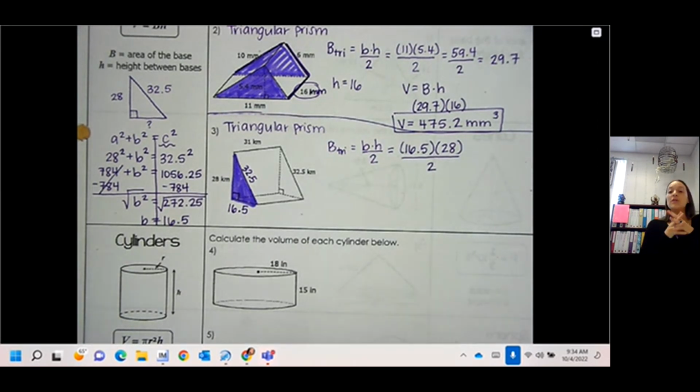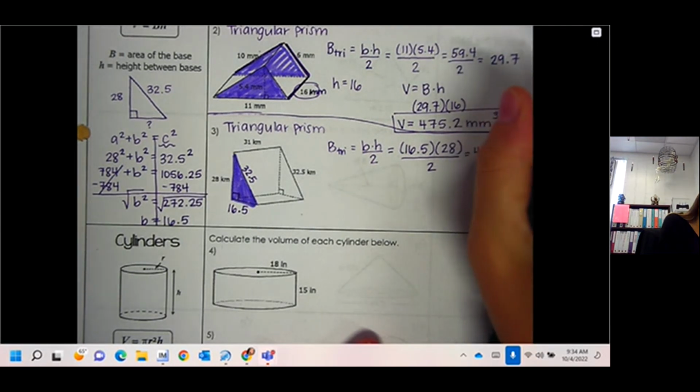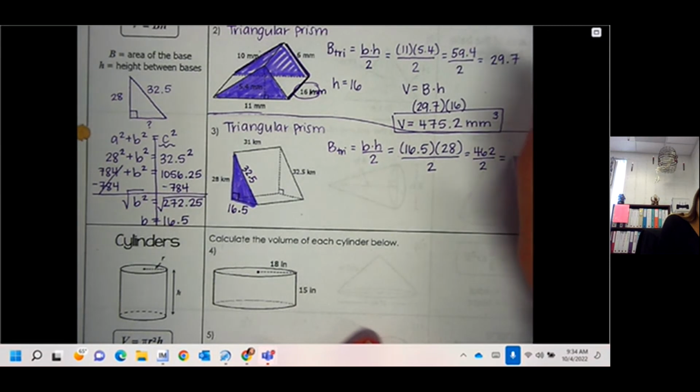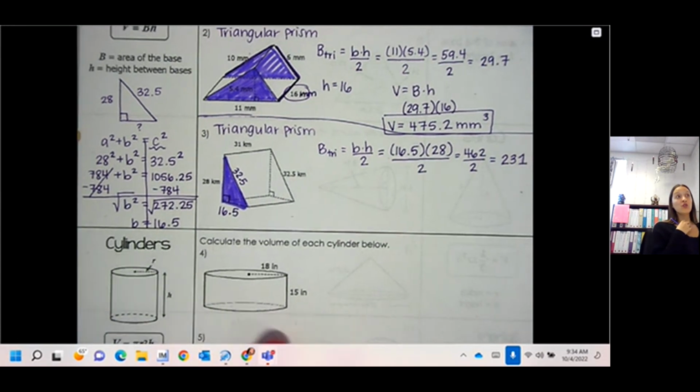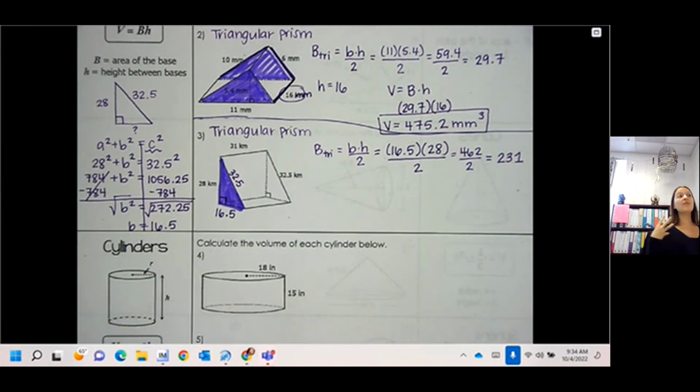All right, so we'll multiply those two numbers together on top first, then divide by 2. What is this, 462, I think? Okay, so I get the area of that triangle, just the triangle, is 231.